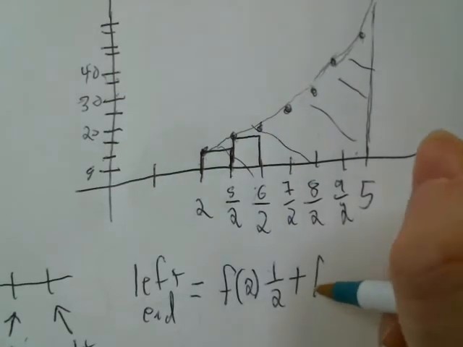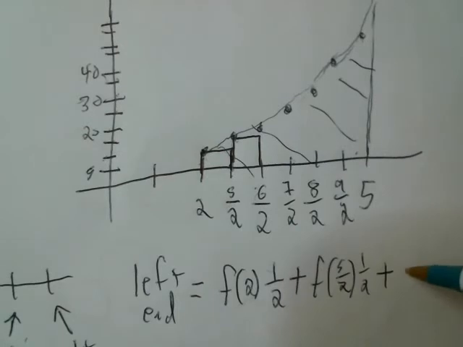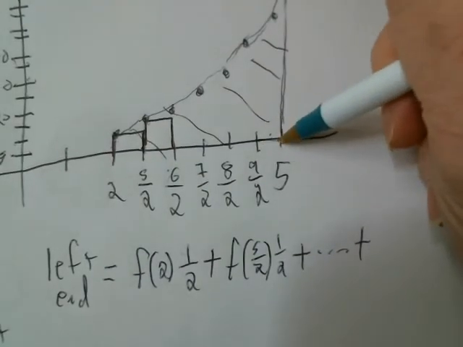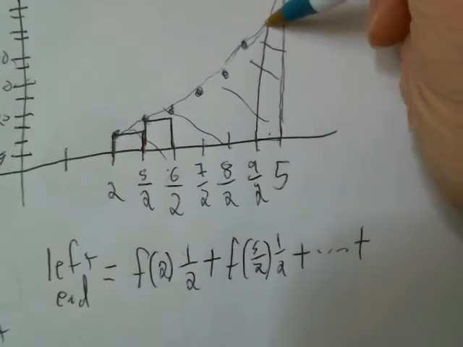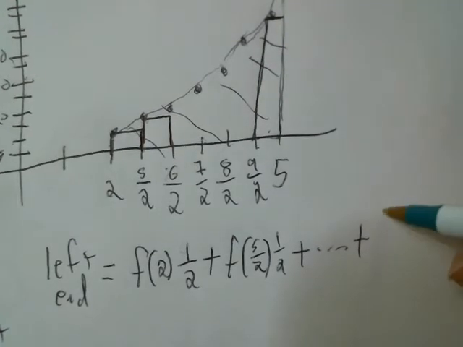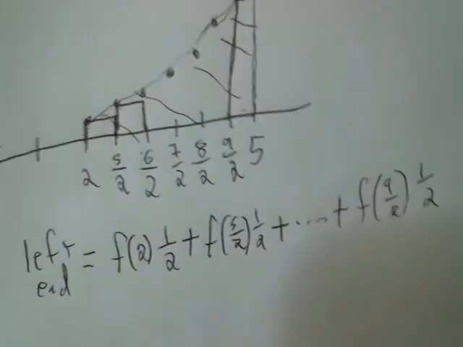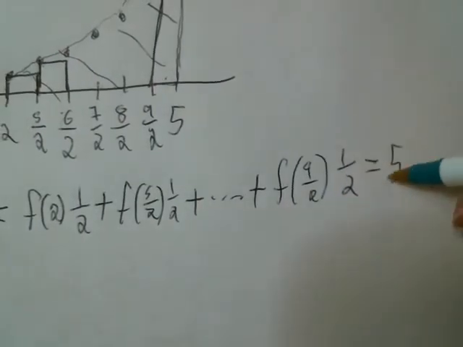So that will be f of 5/2 times 1/2, and you continue on doing that until you get to this last interval here, and the left endpoint is 9/2. Okay, so we need f of 9/2 times 1/2.